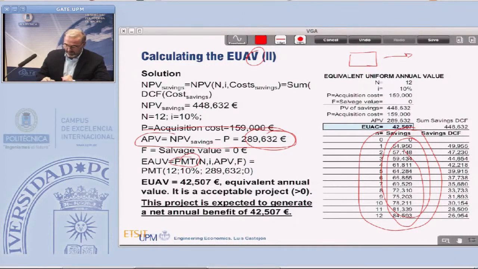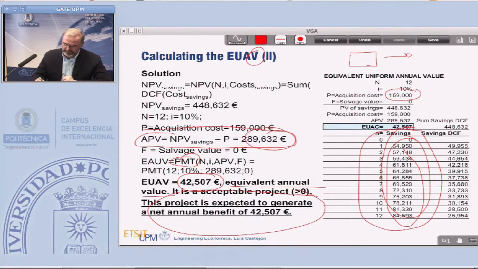Investing 159,000 euros today and getting those savings, the hospital will generate an equivalent annual savings of 42,507 euros. So this is the annual savings this project will be generating.